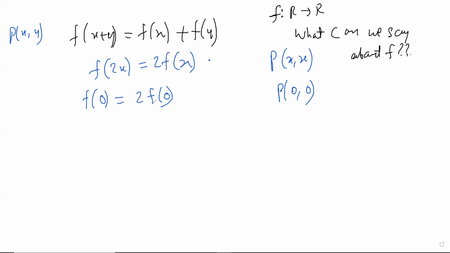The second one implies that f of 0 equals 0. So this implies f of 0 is equal to 0. Nice. So already we have one value. That's important. Now what can we do after this?